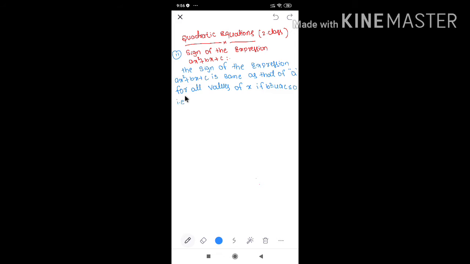That is, if the roots are imaginary or equal. That is, if the roots of ax square plus bx plus c are imaginary.